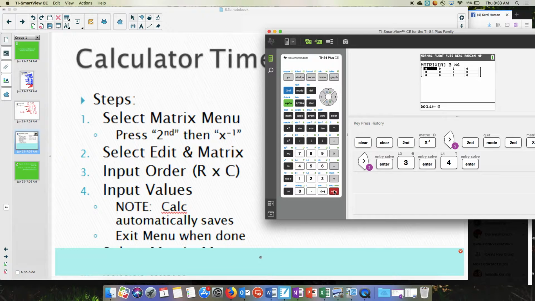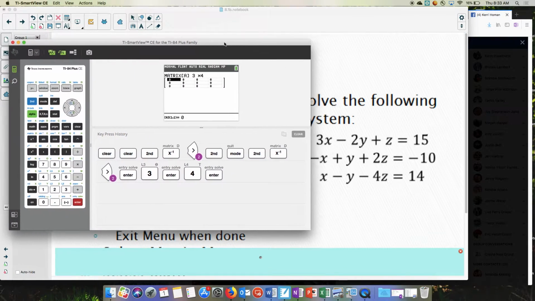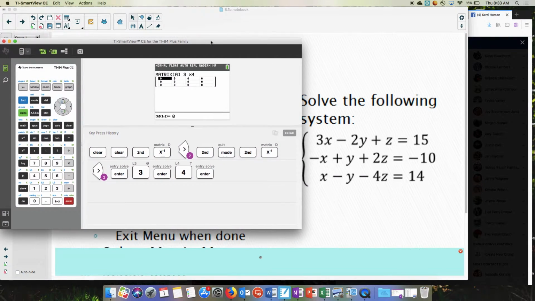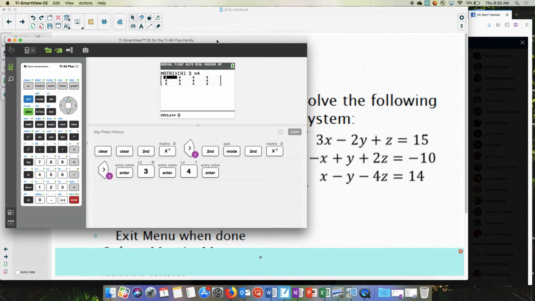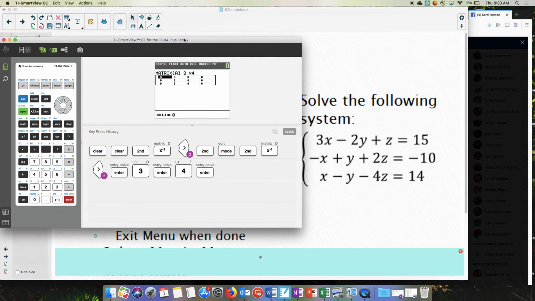Okay. So everybody in your calculator. Does anyone not have their calculator today? Grab one so you know what we're doing, okay? In your calculator, enter in those numbers. Make sure you use the negative sign, not the subtraction sign.